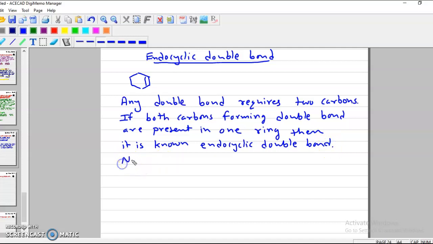And no increments for endocyclic double bond. We do not add anything for endocyclic double bond.